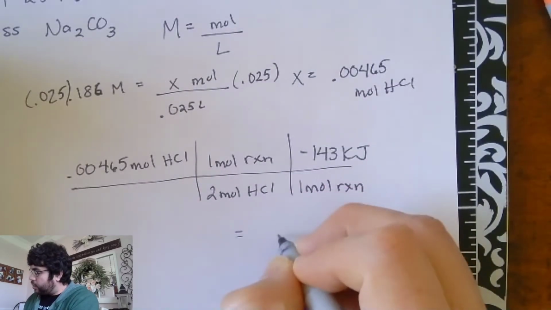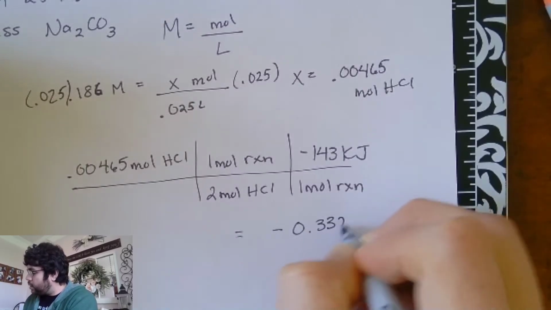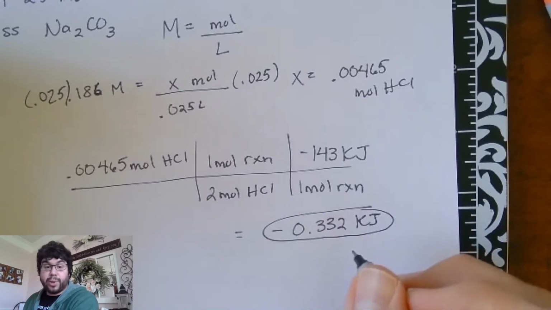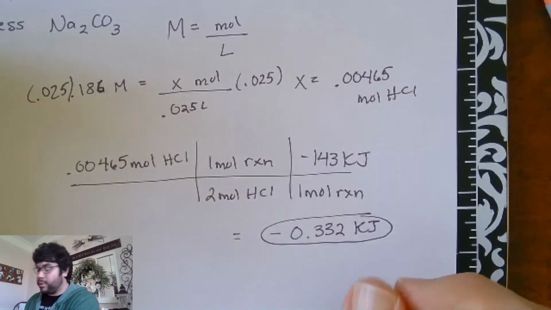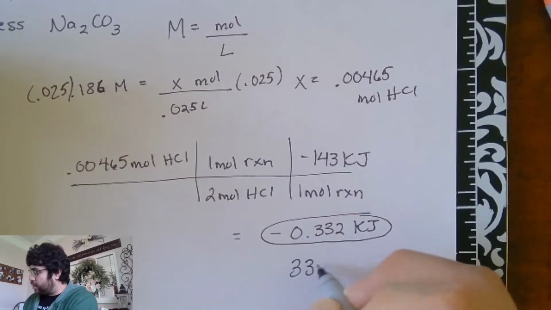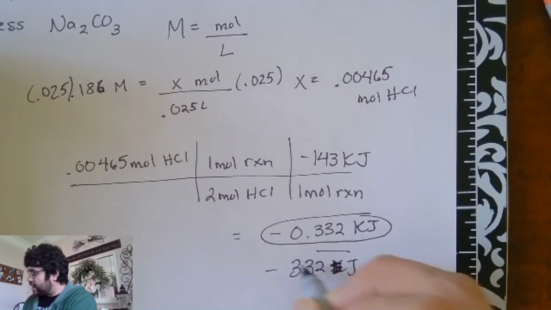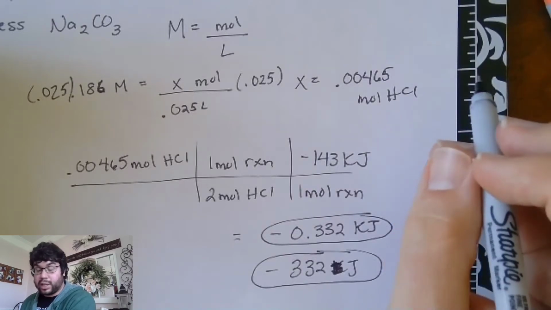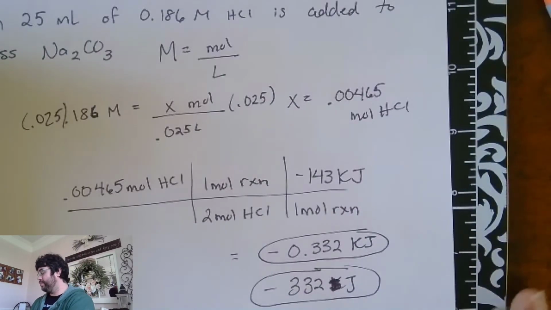So the answer is negative 0.332 kilojoules. If you wanted to put that in joules because you don't like the kilojoules with the decimal, you could say that's 332 joules. Whoops, dang it. Joules, not kilojoules. Silly me. Because remember, there are 1,000 joules to a kilojoule. So if I wanted to turn that into joules, I just multiply it by 1,000.